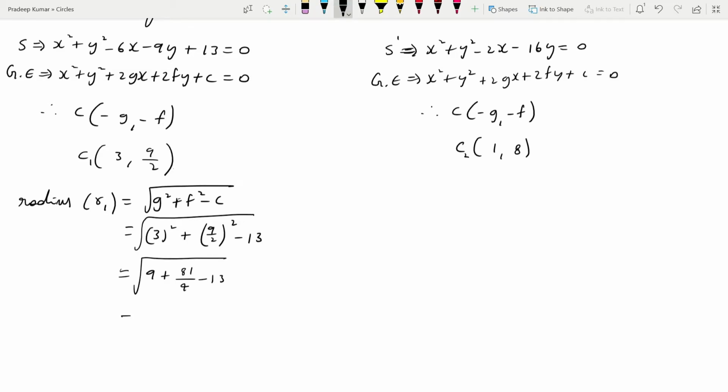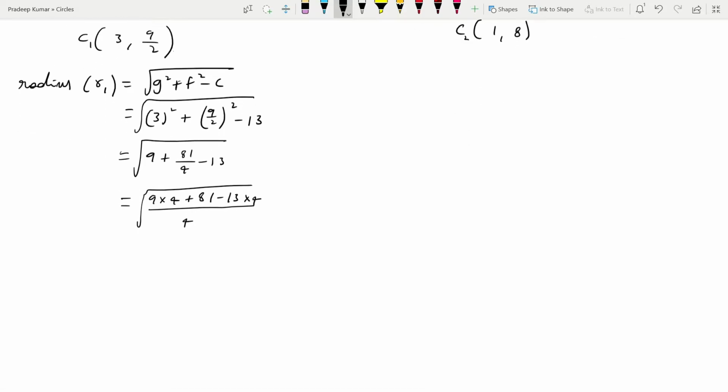Now let's continue to solve. This is 9 into 4 plus 81 minus 13 into 4 whole by 4. So this is after doing LCM, this is the value which we are getting. So now let's solve this further. So I can write here 9 into 4, which is 36, plus 81 minus 13 into 4, it was 52, and the 4 in the denominator was there, even that also I will write, all under root.